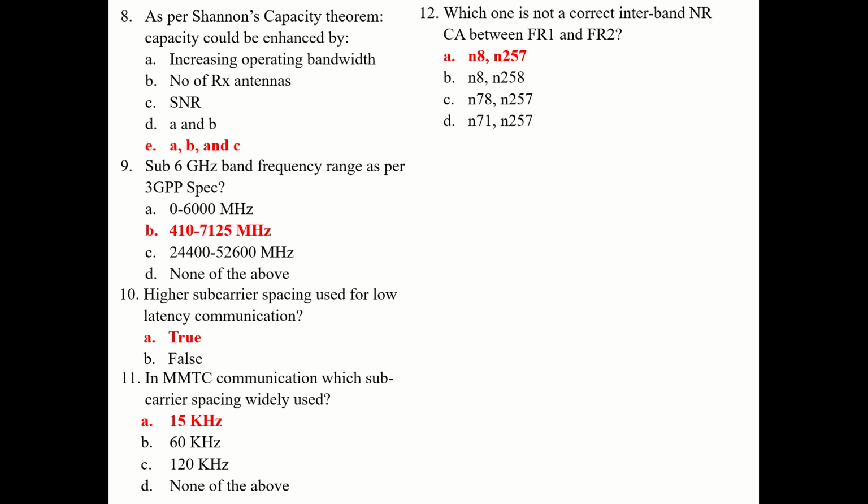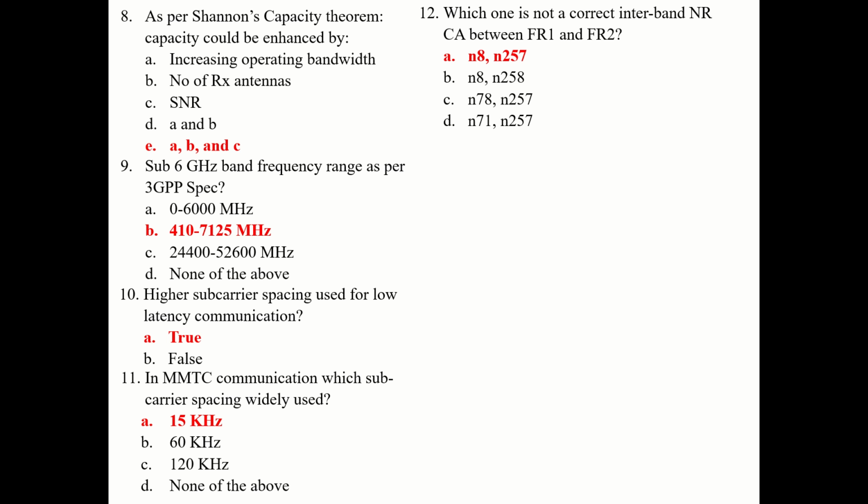You can't have, for example, one band in FR1 and a subsequent harmonic band in FR2.